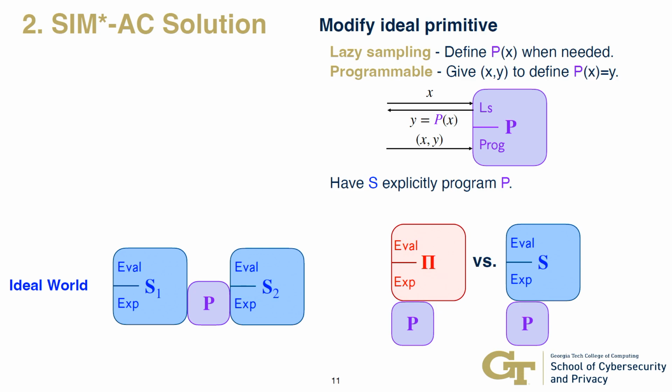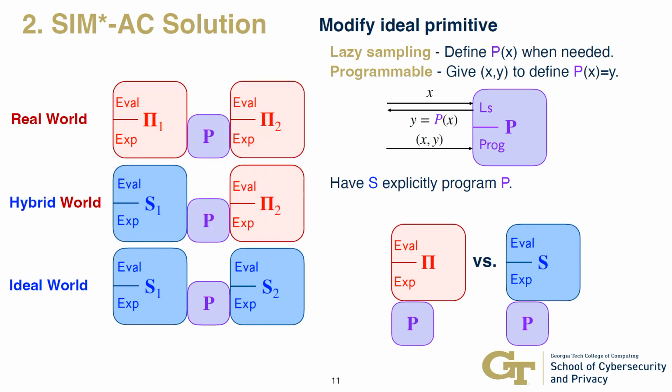Now it's clear how our multi-user proof's ideal world should work. We just still have the ideal primitive with both simulators accessing it. Let's try to fill in the rest of the proof again. I can draw my box. Things match again. I can draw my second box. The inside of the box matches my single-user definition.